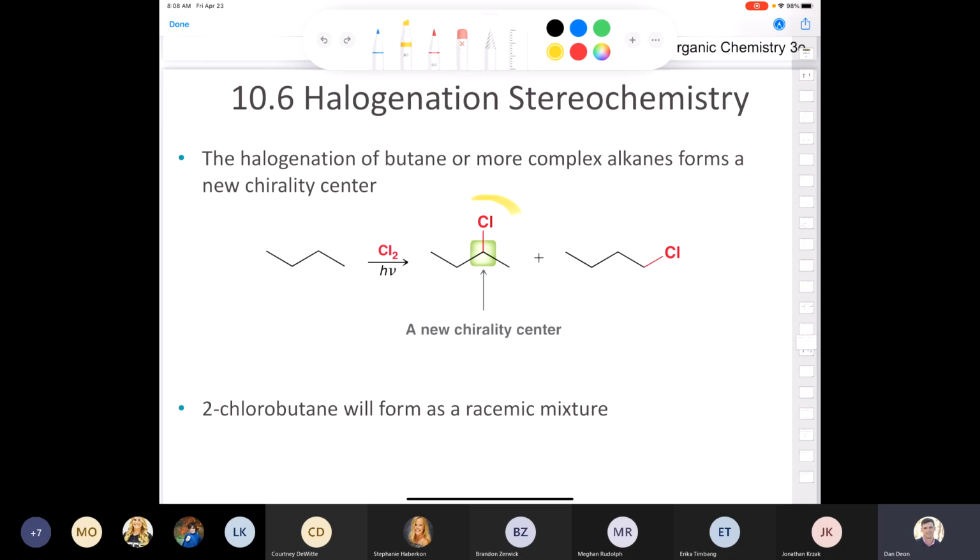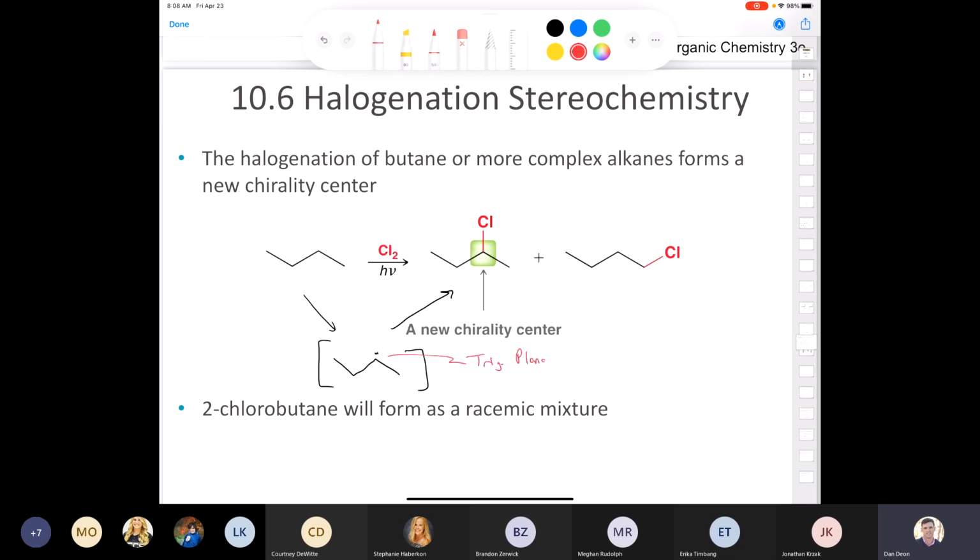Anyhow, so with respect to the 2-chlorobutane that's formed here in this reaction, if we draw the intermediate radical that's formed, I'll just pencil it in here. Let me draw it the way that they have it just to be consistent. Anyhow, here's that secondary radical that upon halogen abstraction is going to produce this compound. Well, we know, and I'm repeating myself, that this carbon is trigonal, right?